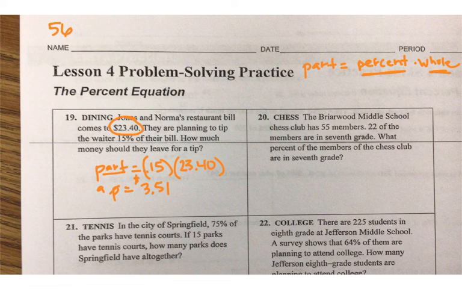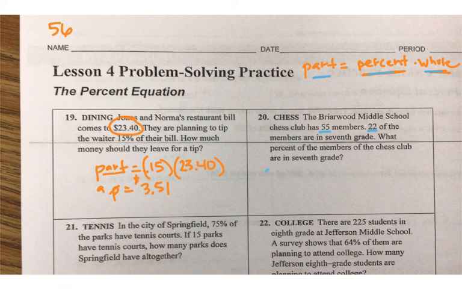We'll just do one more together. If you can find each part of this equation, you can set it up and solve for whatever you're missing. Number 20 says the Briarwood Middle School Chess Club has 55 members. 22 of the members are in 7th grade. So 22 out of the 55.